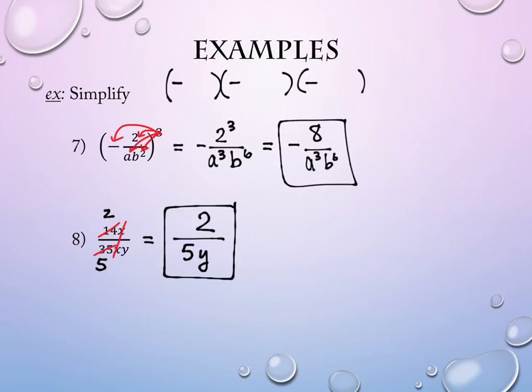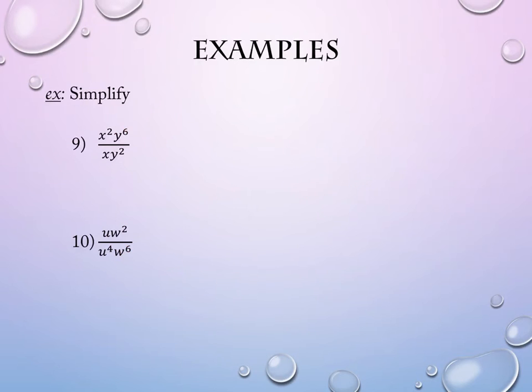It gets a little bit more complicated on number 9 with the fraction pieces that we have. On number 9, I have x squared y to the 6th over x y squared. There's lots of ways that we can do this. One of the ways that works really nicely is to use property number 2. So property number 2 says that if I have x with a power on top and I have x with a power on bottom, I subtract my exponents.